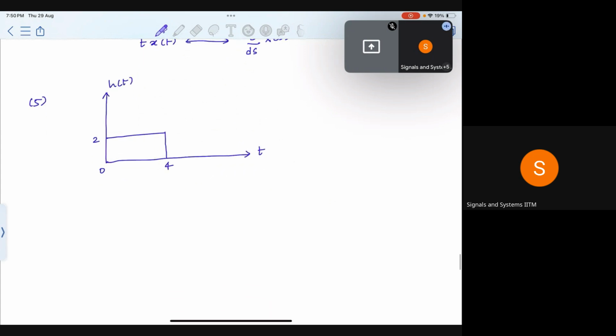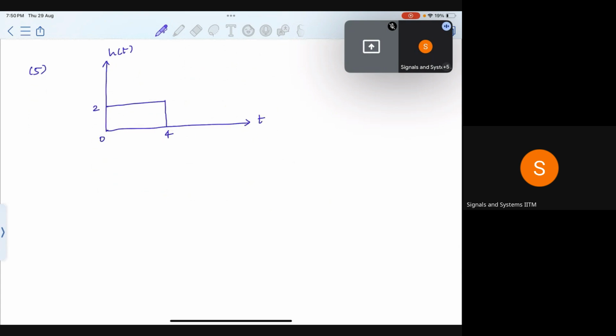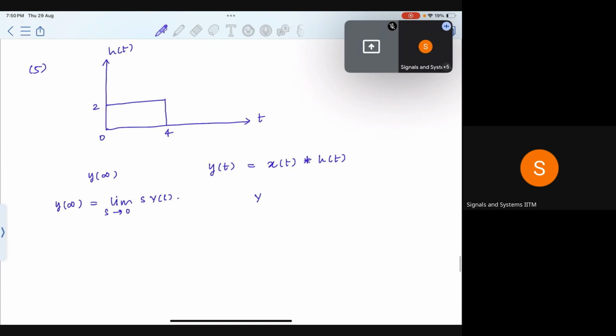The steady state value of the output is given by y infinity, and y of t is x of t convolved with h of t. From the final value theorem, this is limit s tending to 0 of s times y of s, and y of s is x of s times h of s.